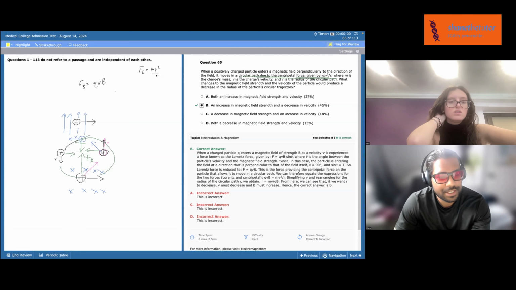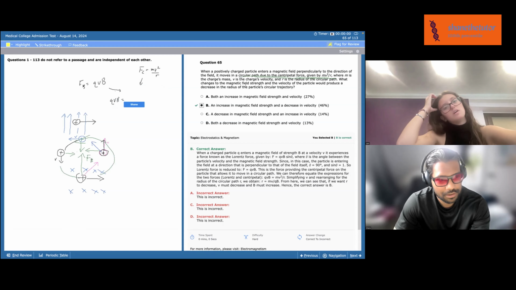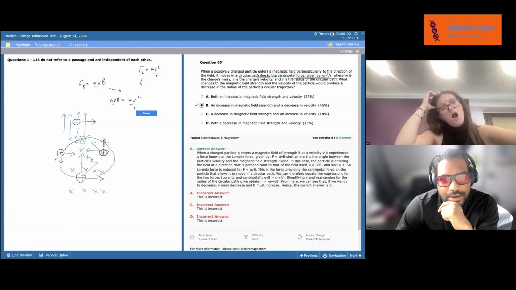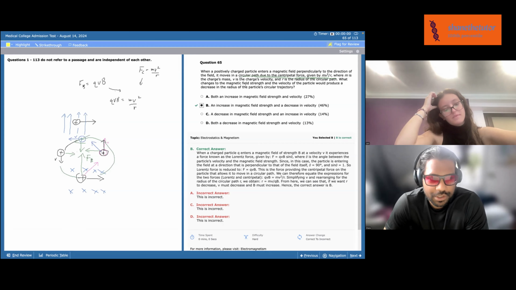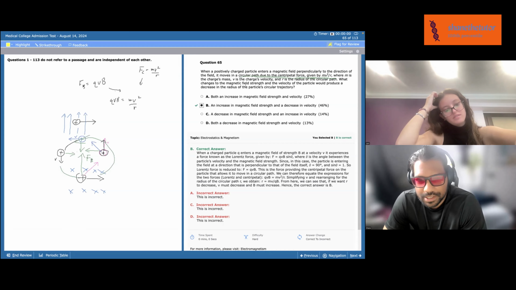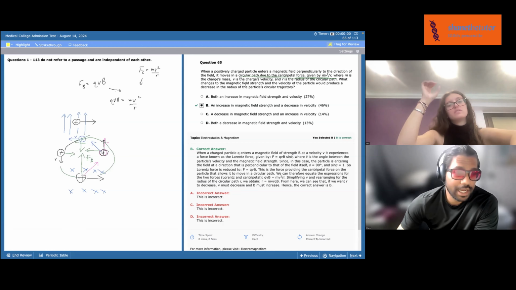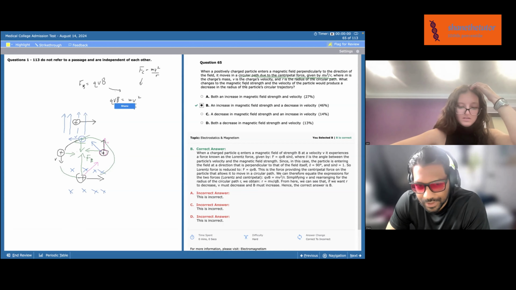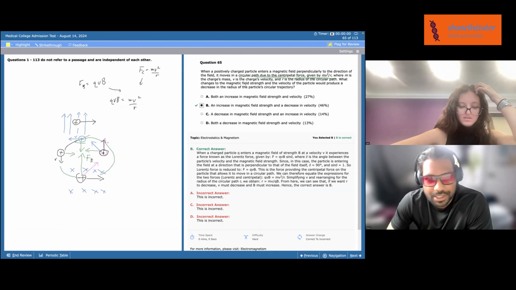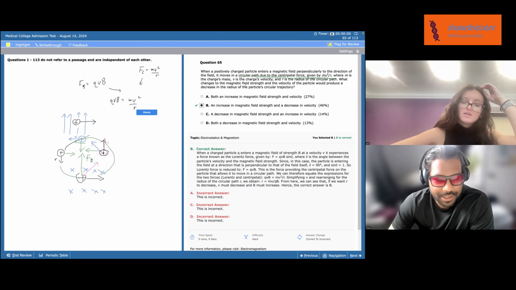So we set them equal: QVB = mv squared over r. They're asking what changes to the magnetic field strength and the velocity of the particle would cause a decrease in the radius here.